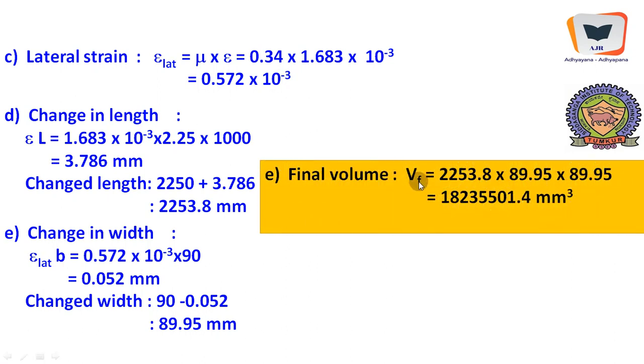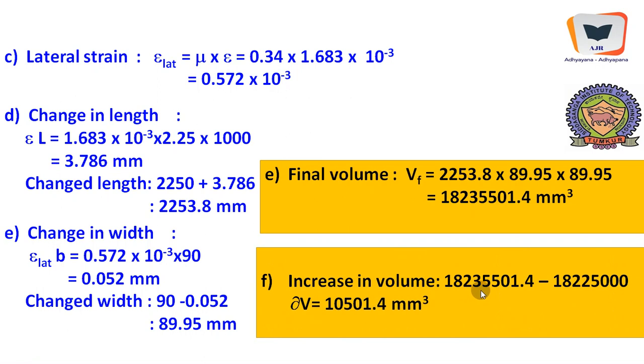So final volume is therefore 2253.8, owing to the increase in length and the decrease in the width. It is another width because the section is square in nature, and we get the changed volume, which is a little bigger than the original volume.